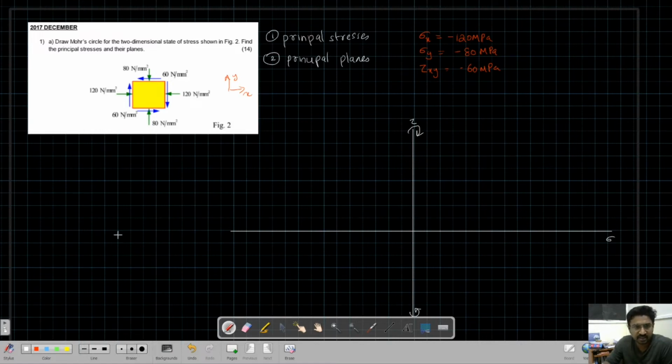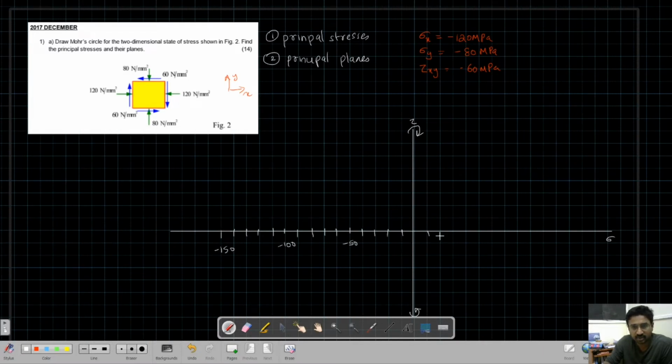The maximum value we need is 120, minus 120. So I will take 1 division as 10 megapascal. So minus 10, minus 20, minus 30, minus 40, minus 50, 60, 70, 80, 90, 100, 110, 120, 130, 140. I think we may need a little more length here, so I'll draw that also, up to minus 150.